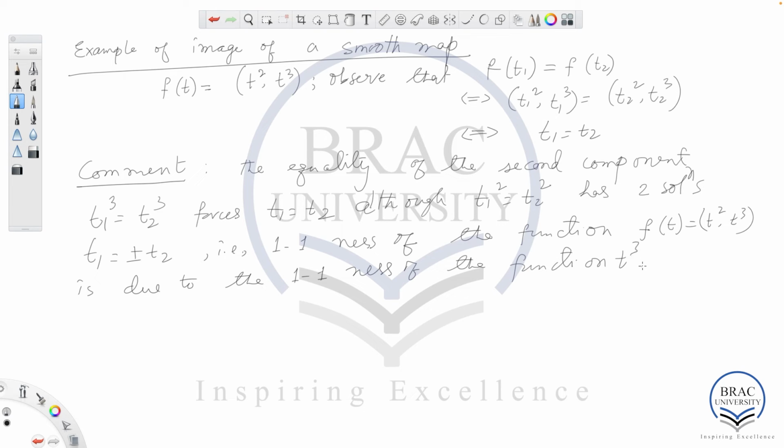Okay, this function f from R to R squared is represented by a cuspidal cubic.